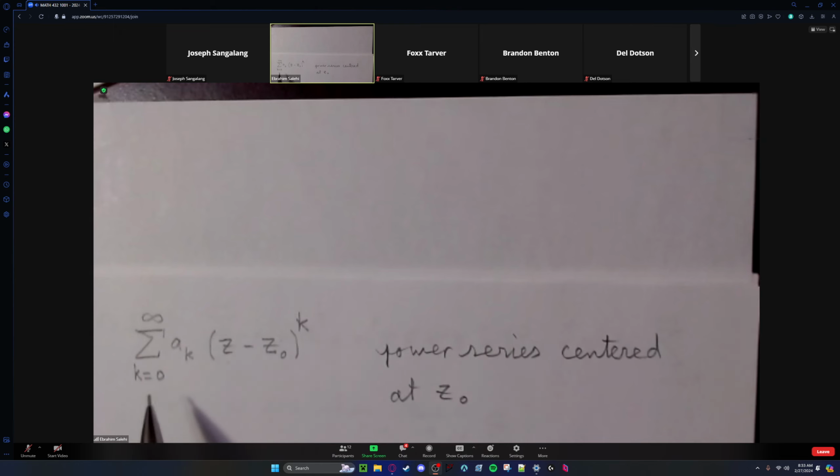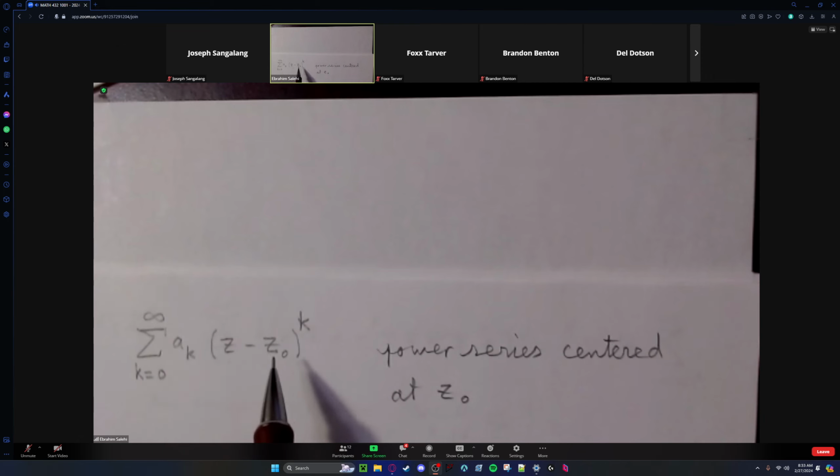After all, this is a series, but it has the feature that this A sub k is fixed, the center is fixed, but Z can change. This Z can take on different complex numbers.